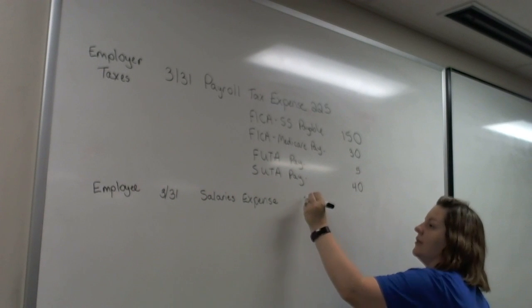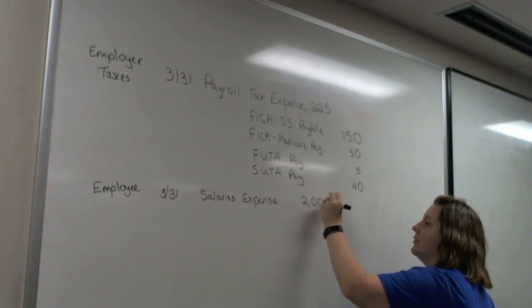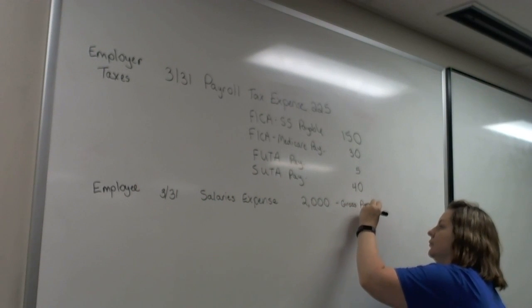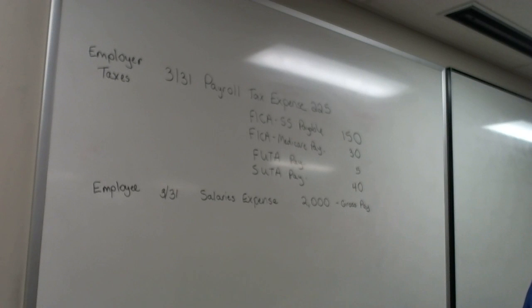So let's say their gross pay is $2,000. That's gross pay. So we debit salary expense for $2,000, for example. So that's how much we pay them their salary before we take out anything.